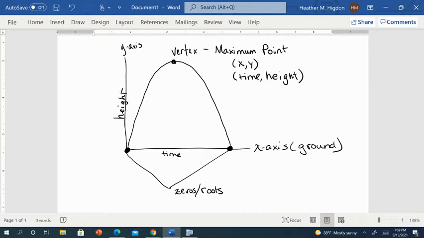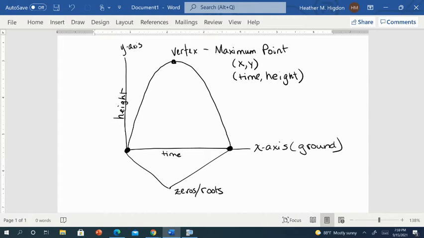It might be water. There are some of these word problems that deal with jumping into water, and that's when we might see some of our answers go into the fourth quadrant. But for the most part, the x-axis would be ground level, and again, it's the time. Your height is the y-axis.